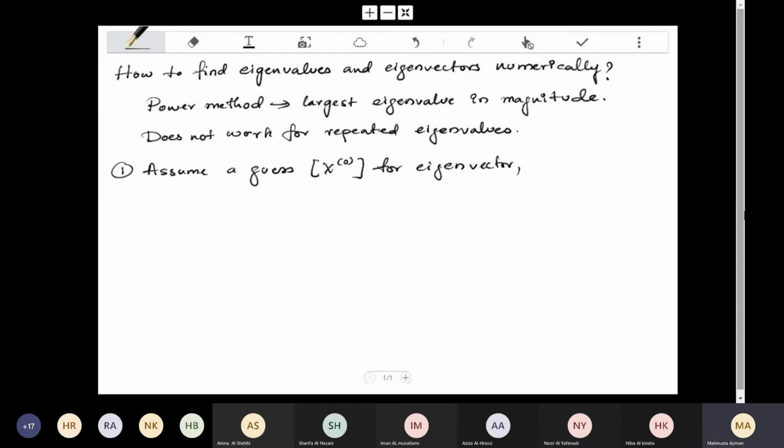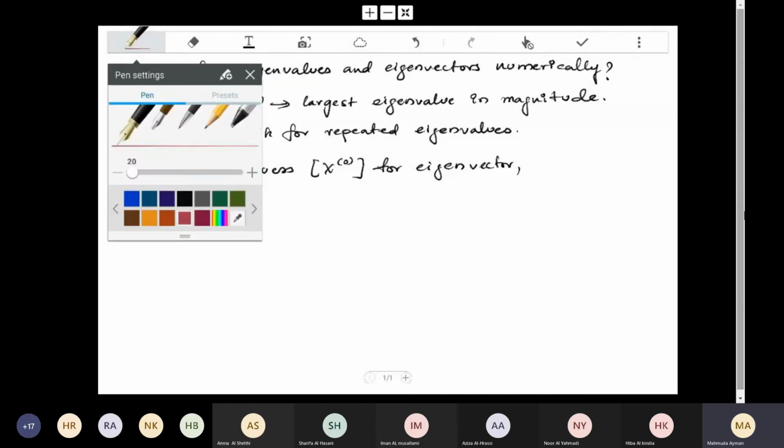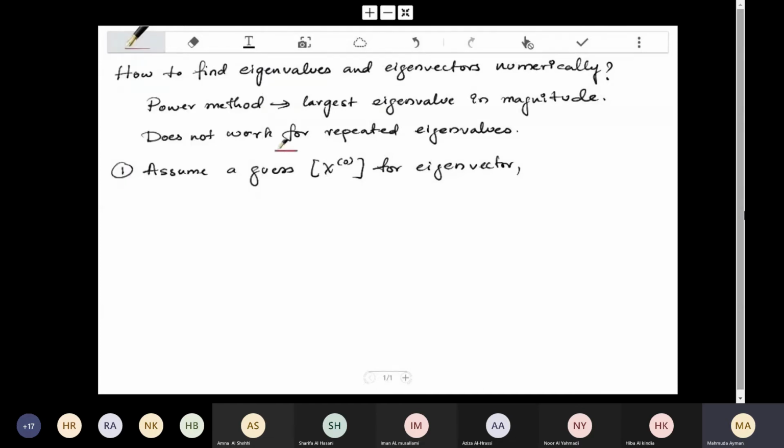Before this, you all know that to find the eigenvalues and eigenvectors, the equation we solve is A times the eigenvector x equals the eigenvalue lambda times the eigenvector x. The eigenvector x is a non-zero vector, so the initial guess should be a non-zero vector.